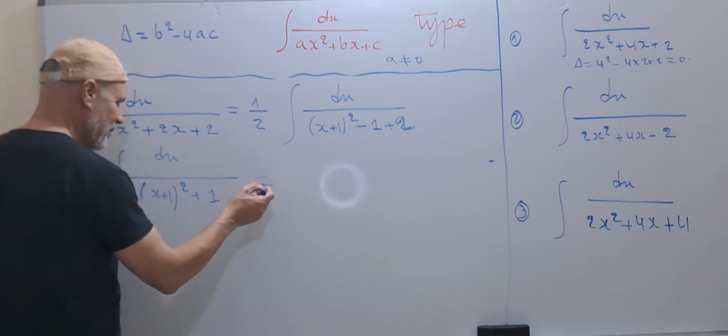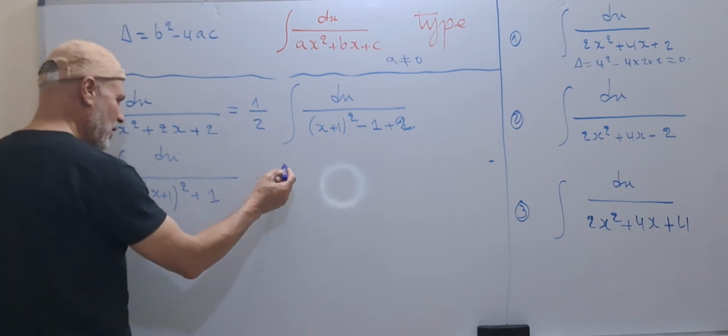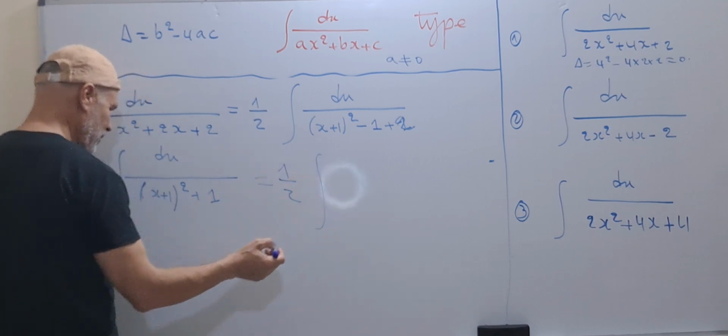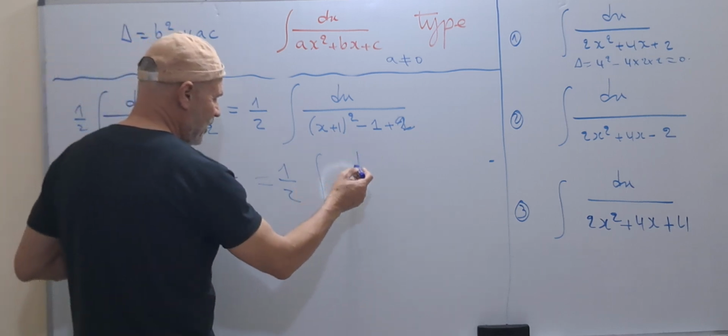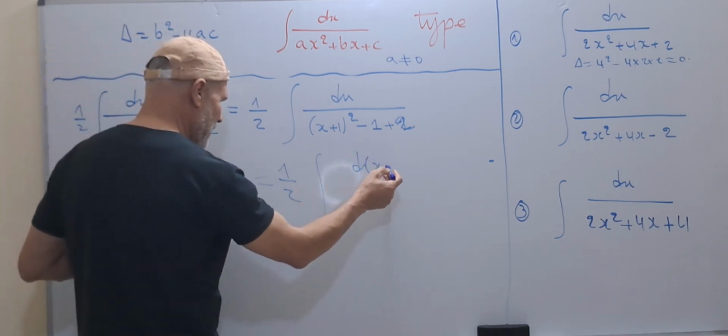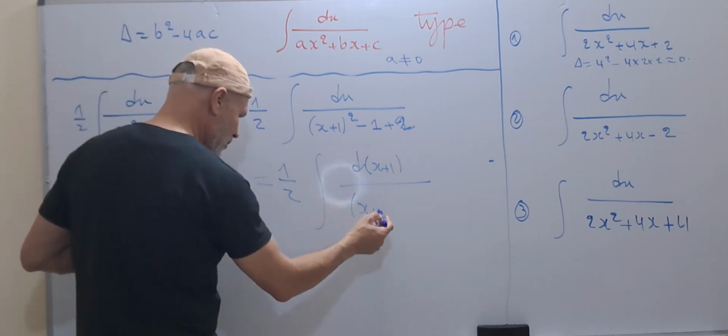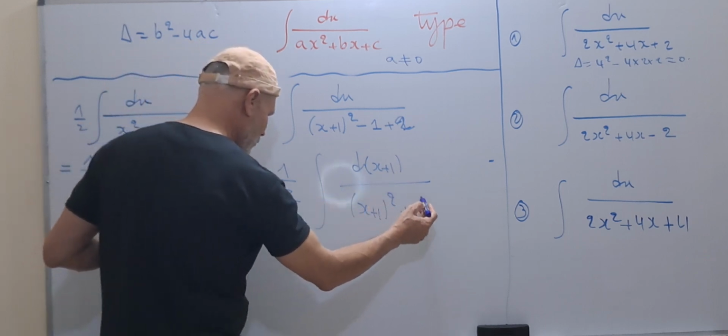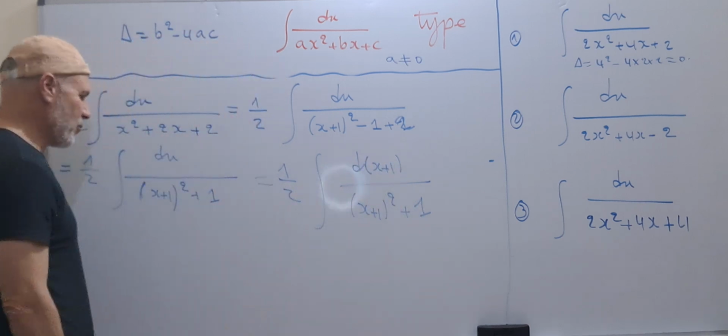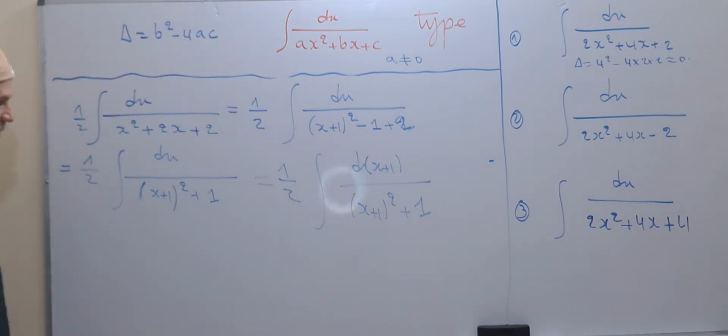With a change of variable here, we get 1 over 2, the integral of dx over x plus 1 square plus 1, and this is the tangent function.